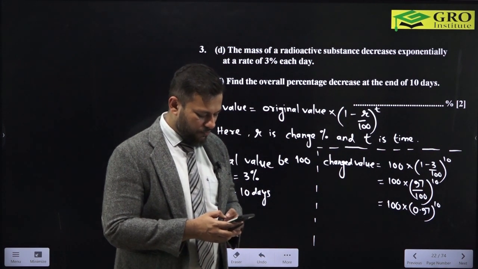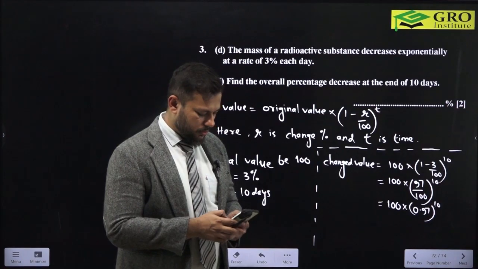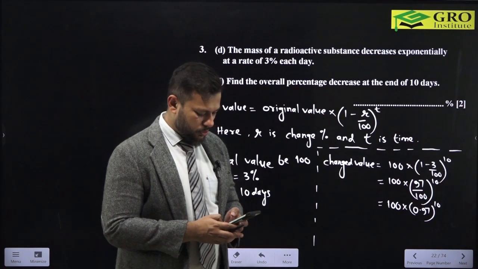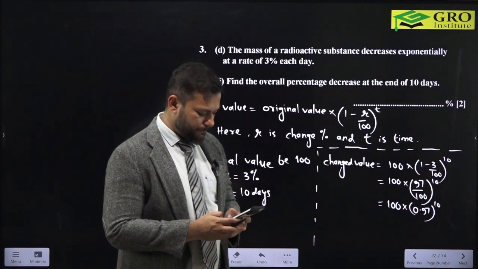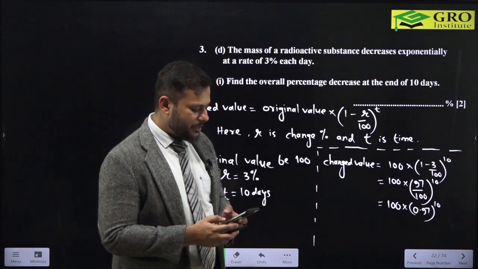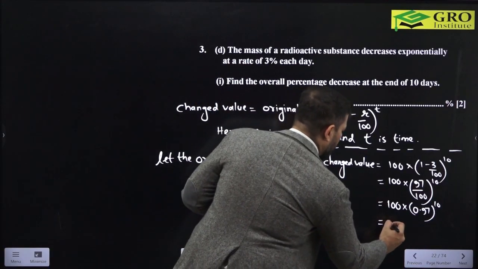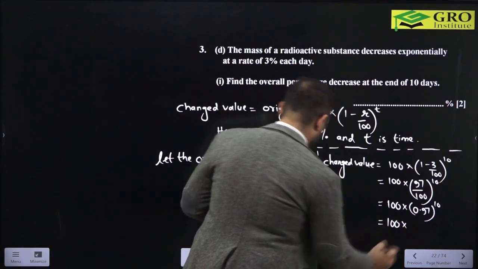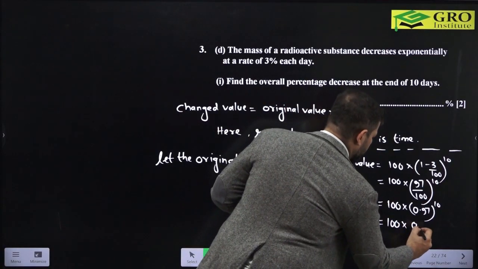When I try to solve it, I'll get 0.97 raised to power 10 is nothing but, I'm writing it for you, 100 times 0.74.